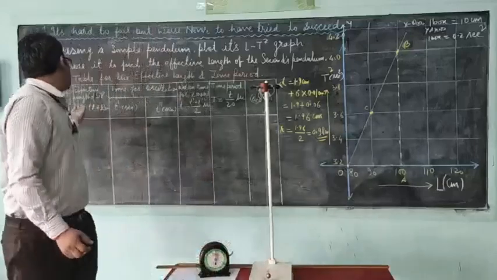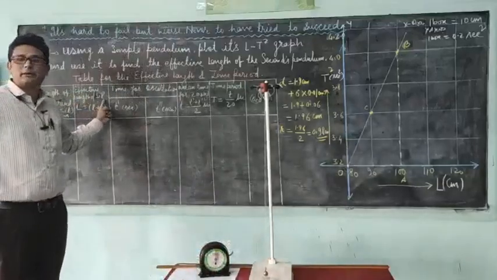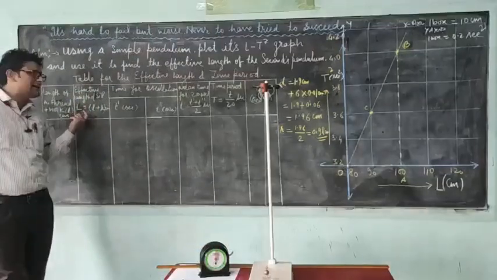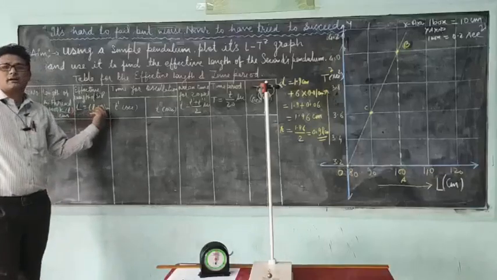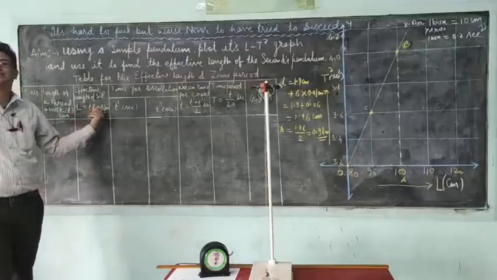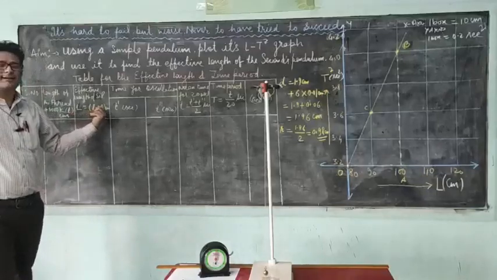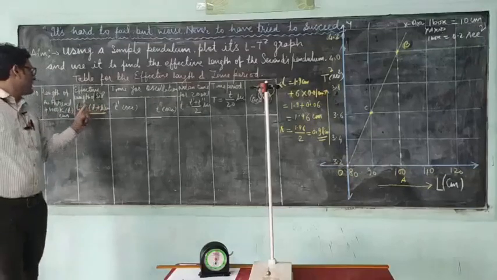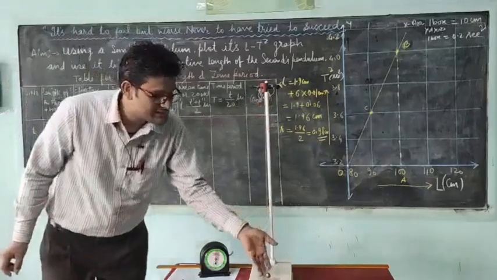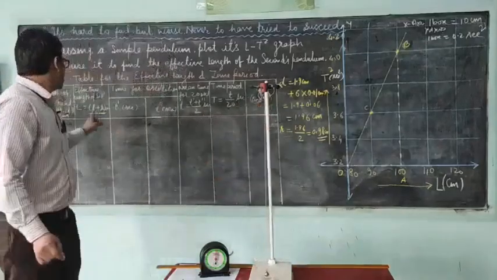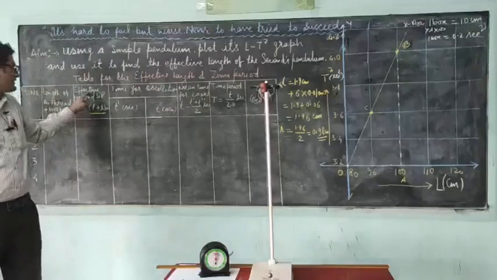Generally we can write L is equal to small l plus r, where r is the radius of the metallic ball, and small l is the length of the thread plus hook. Like this we will find the effective length.